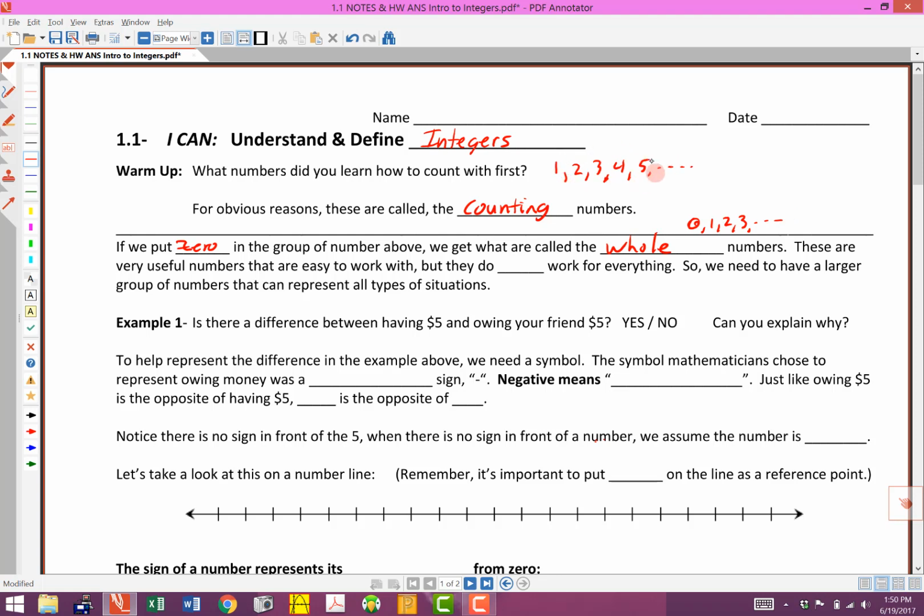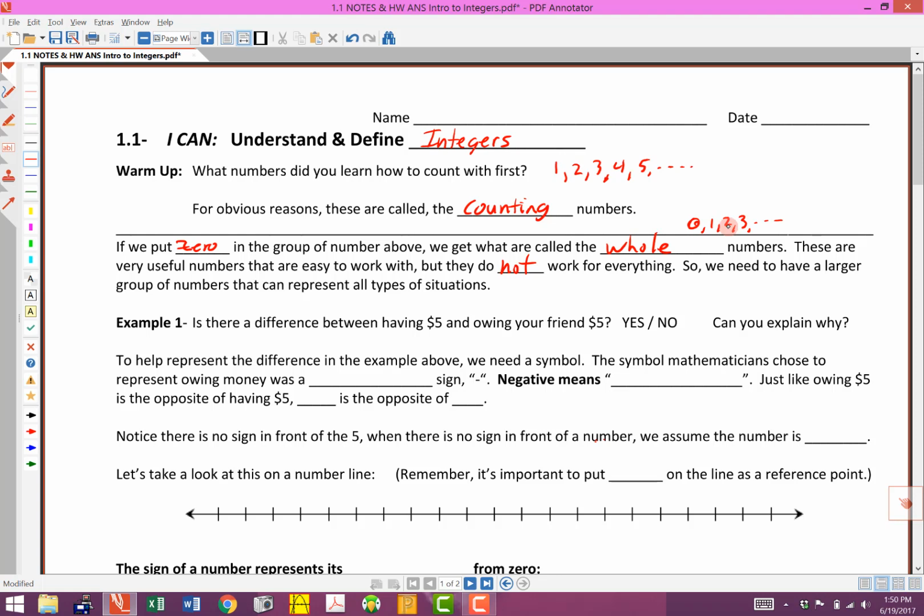So right here we've got counting numbers, and right here we've got the whole numbers. These numbers are really easy to work with. They're very useful, but they do not work for everything. So we're going to need a larger group of numbers that includes more numbers than what we've got right here, so that we can represent all different types of situations.